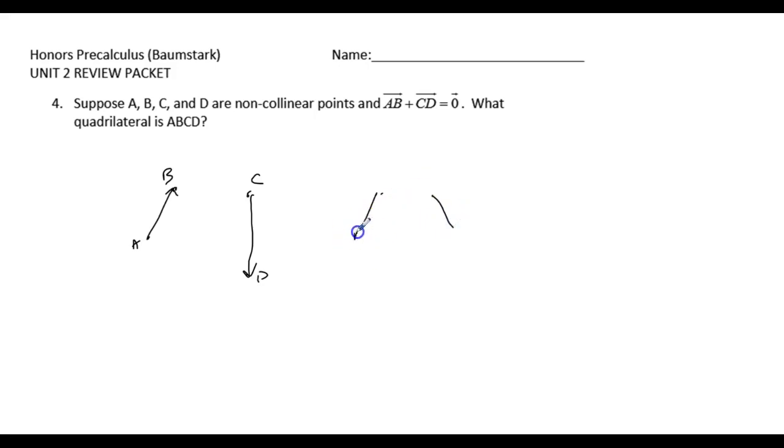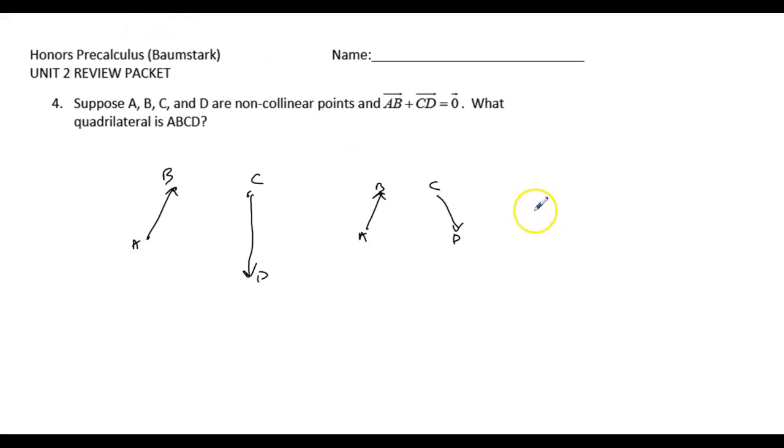Here I'm trying to draw an AB and CD that are the same length. Now I have them the same length, so can AB plus CD equal 0? Now it's not letting me move CD by itself, but you can see if I slide this over to be head to tail, I still don't end up where I started. So they also need to be in the same direction.